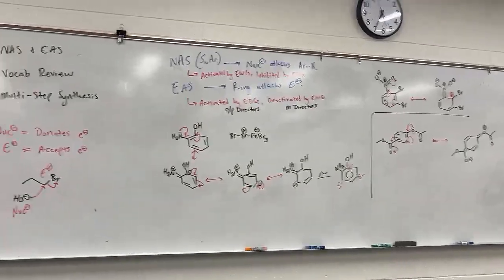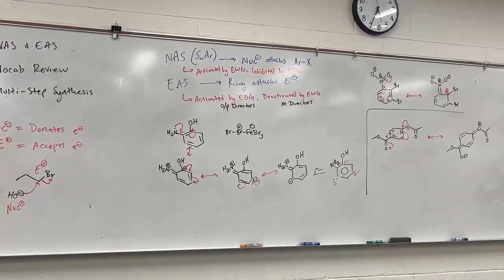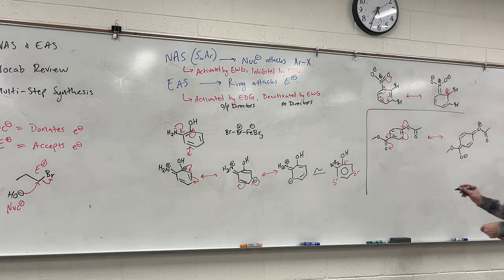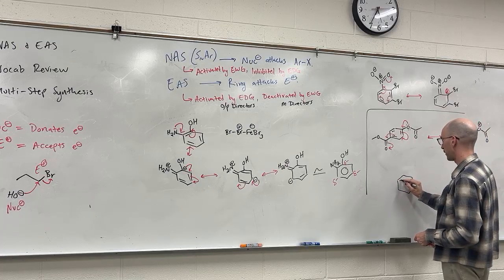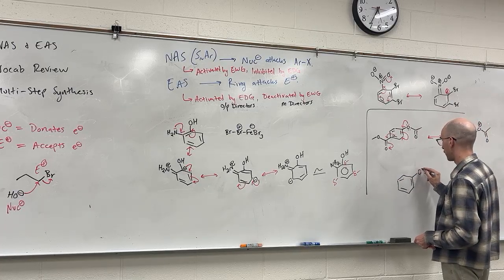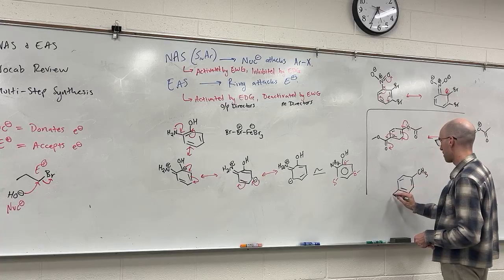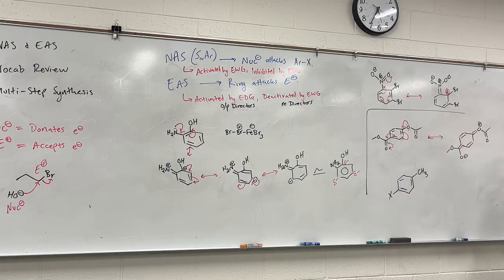Kind of highlights the difference in how the same group can have two different effects depending on how it's connected. The two outliers when we're establishing donating groups and withdrawing groups are the halogen and the alkyl group.